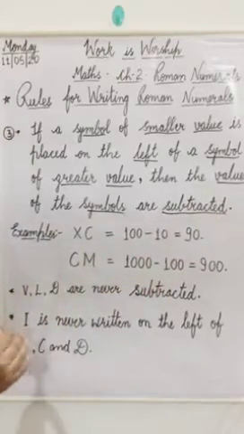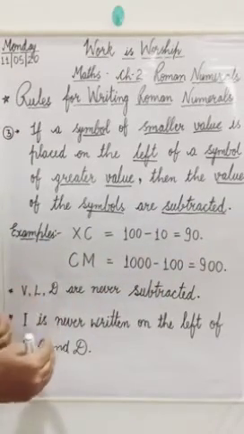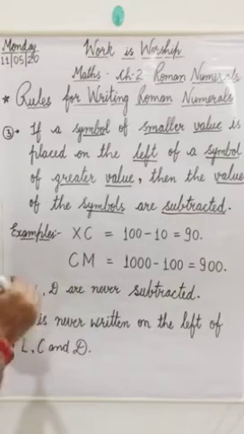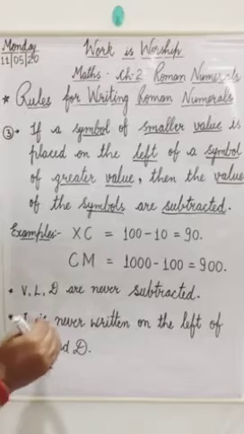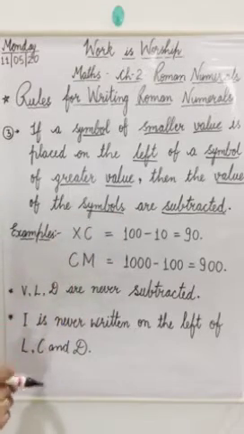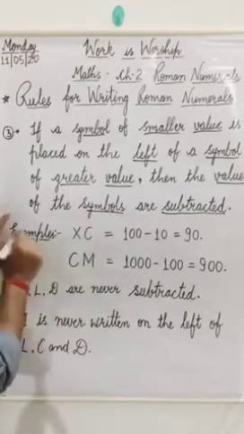It means कि अगर हम किसी greater value के left side में कोई smaller symbol रखते हैं, then the symbols are subtracted. Okay? Look at the example.